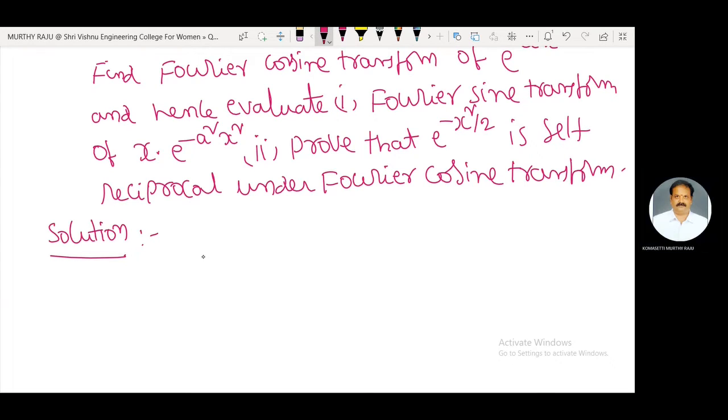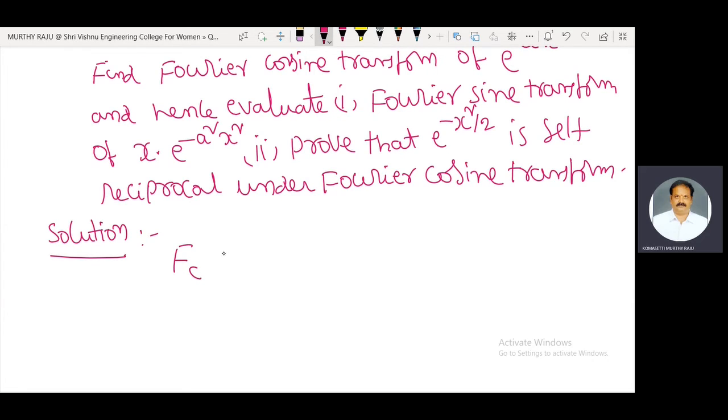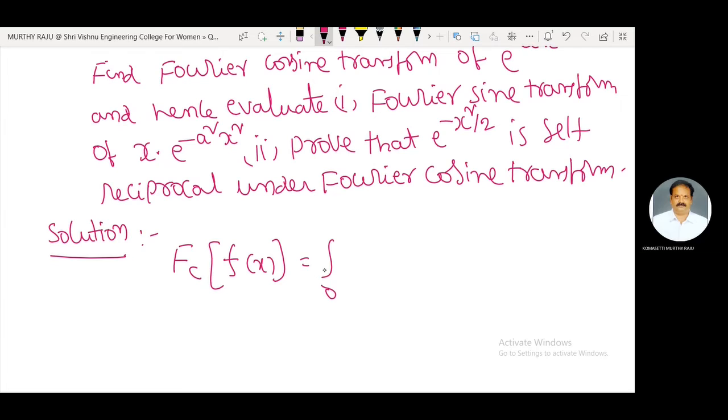Fourier cosine transform of any function f of x is, not the sine one, this one is the cosine transform of f of x is equal to integral 0 to infinity f of x cos px dx.